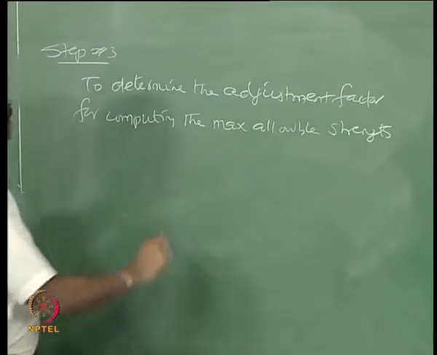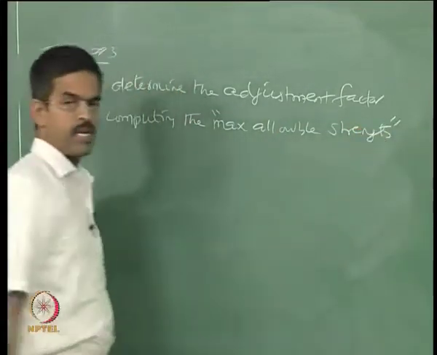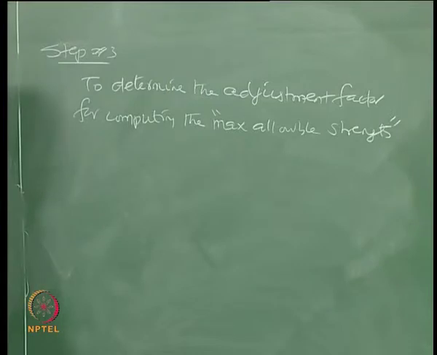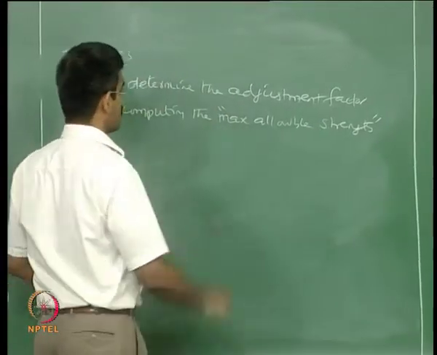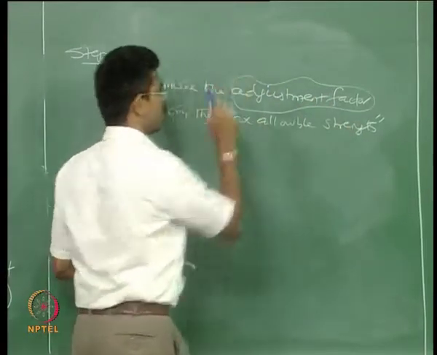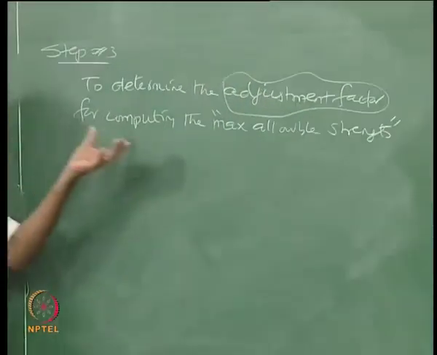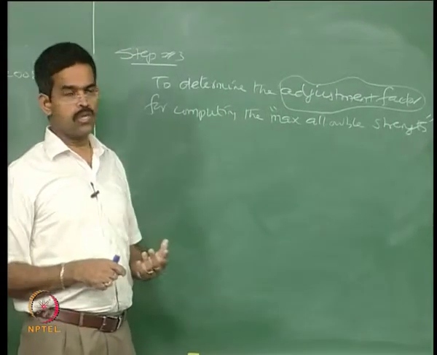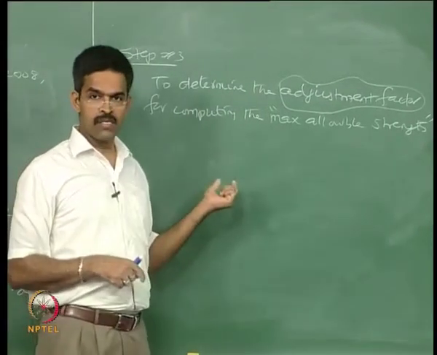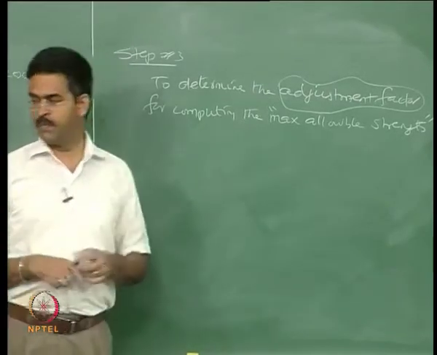This is where we are trying to compute the design adequacy. The maximum allowable strength cannot be considered as it is. I must multiply this with what we call an adjustment factor. These are all the level of uncertainties introduced by different international codes while executing the design checks for any offshore member.